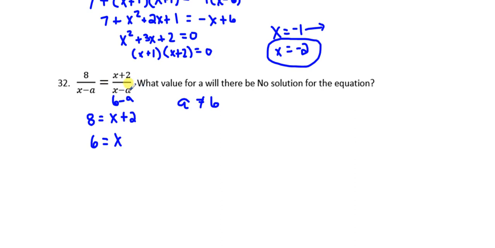So if we have 8 over 8, because x is equal to 6, and x minus any number, pick a number, 10, 6 minus 10, 8 over 4, 8 over 4. However you want to look at it, any number other than a equal to 6 will work. So a can't equal 6.